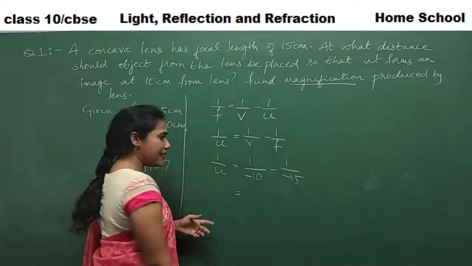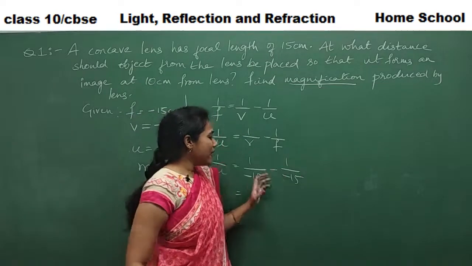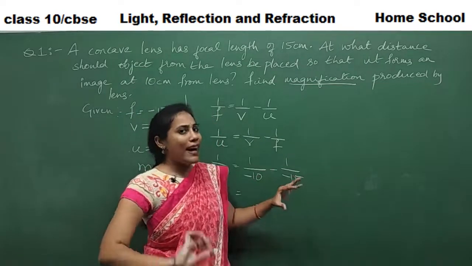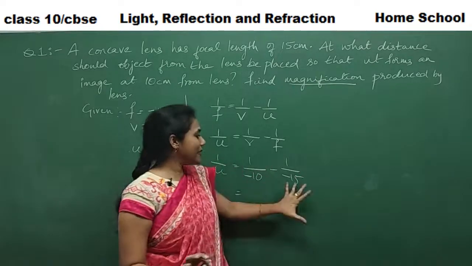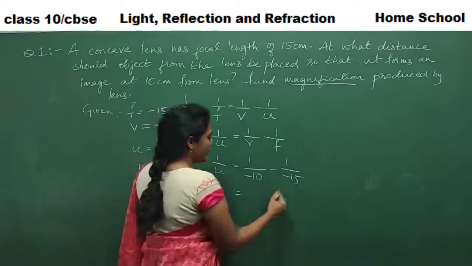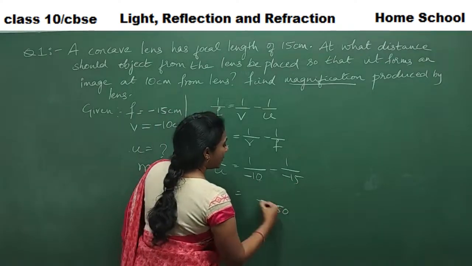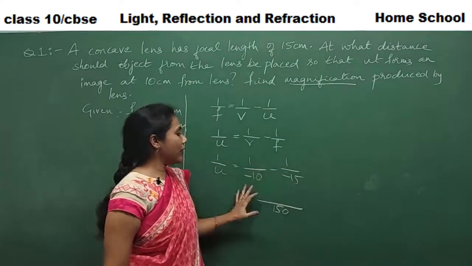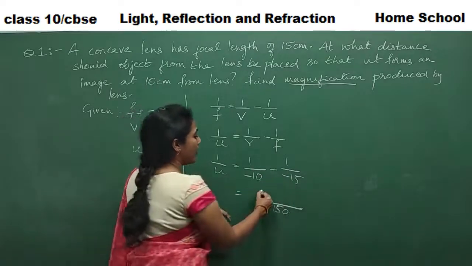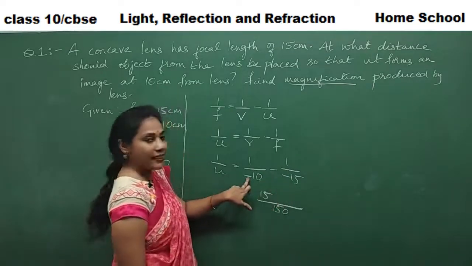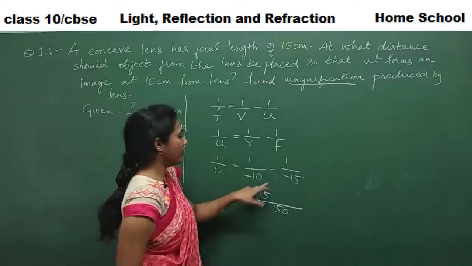So what is the LCM? Instead of selecting an LCM, the easiest method I follow is to multiply this and this. 10 into 15, it's 150. Then in the numerator, what you have to write? Whatever is there on this side, 15. So write here 15. What is the sign that is there here? Minus. So minus 15.